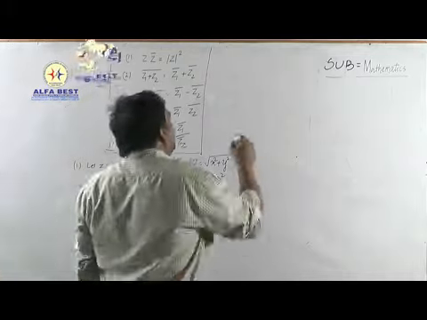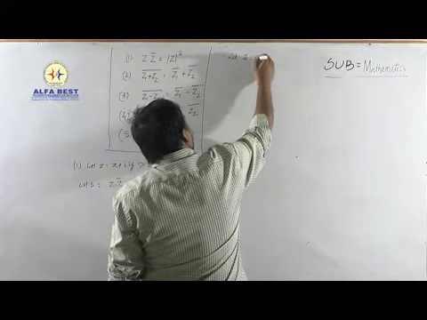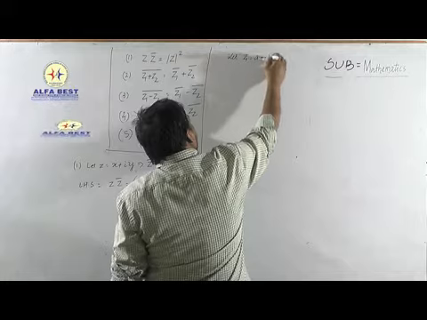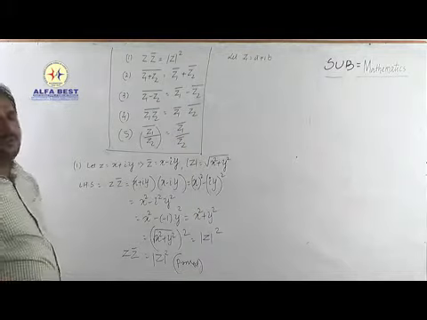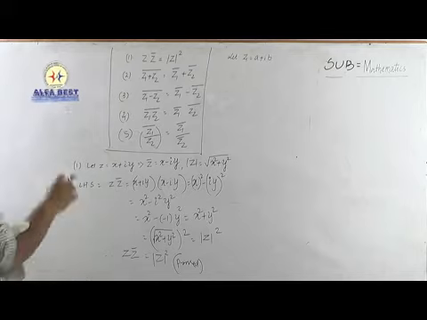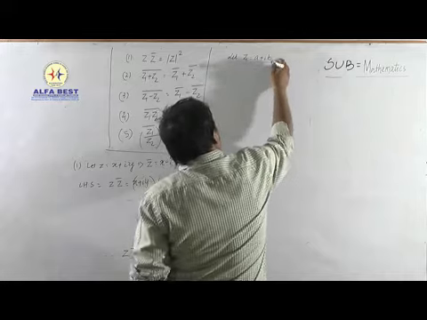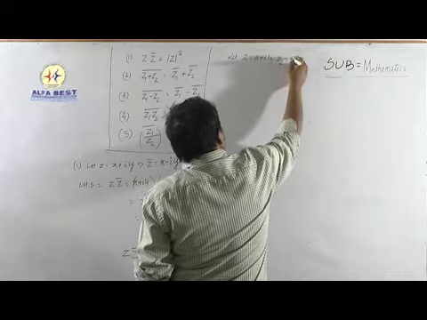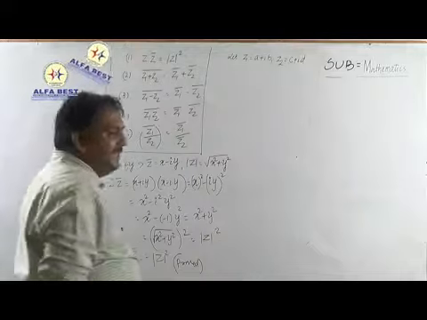So let Z1 is equal to A plus IB. As an imaginary number is present, I can write it in terms of X plus IY. So Z1 will be one complex number and Z2 is the other complex number, which is C plus ID.